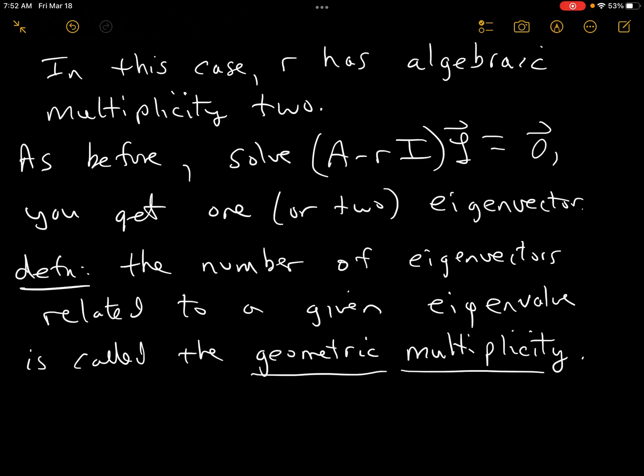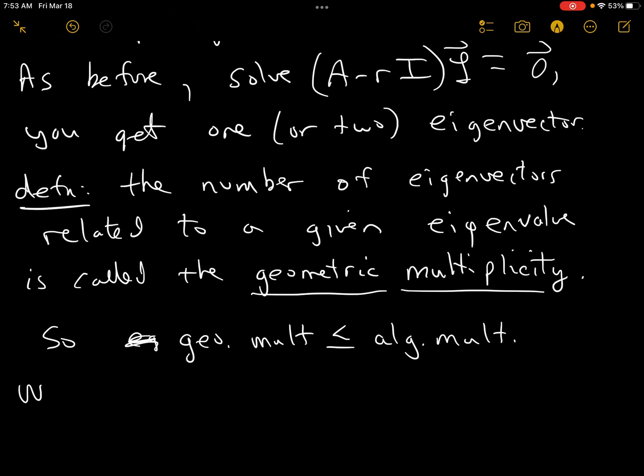And it's always less than or equal to the algebraic multiplicity. Okay. So in this first case, we say R has geometric multiplicity 1. So we get one eigenvector when we do our row reductions.